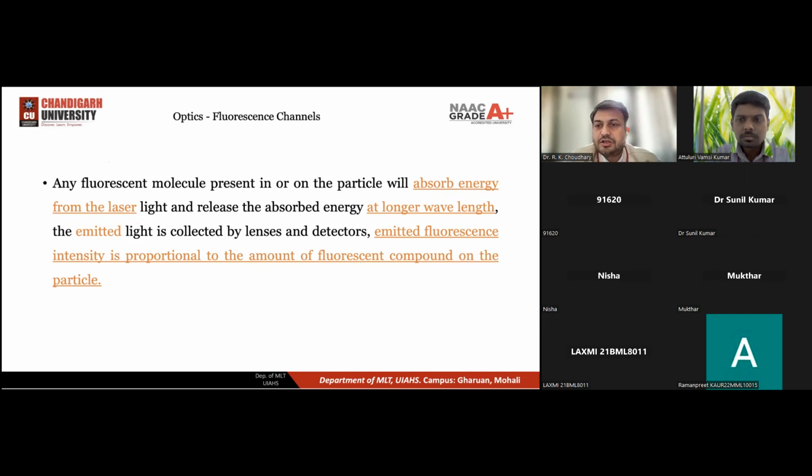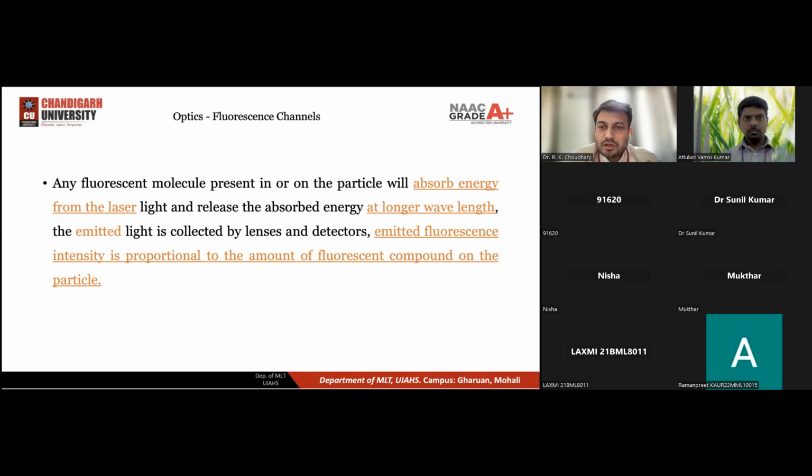The detector is computerized, and the emitted fluorescence intensity is proportional to the amount of fluorescent compound on the particles. So based on how much is present, they count proportionally. The machine just collects and detects the data, and then it is interpreted through the software.